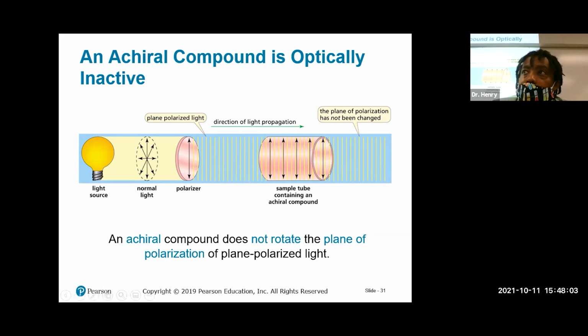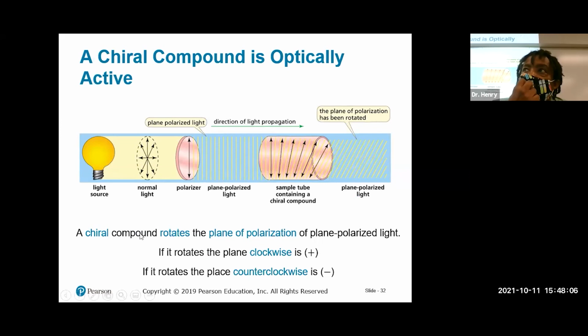So when we have a chiral compound, it actually is going to rotate that plane, right? Because it rotates that plane, instead of having them straight up and down, now you have that angle because it's rotating. So you get your little rotation going on, right?